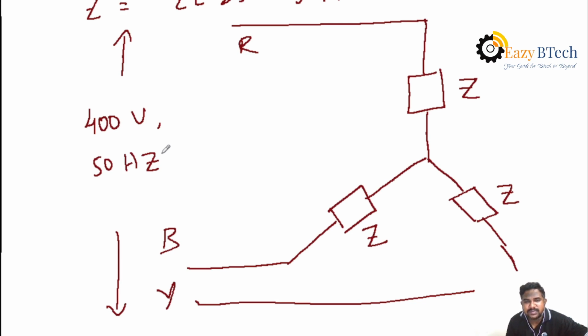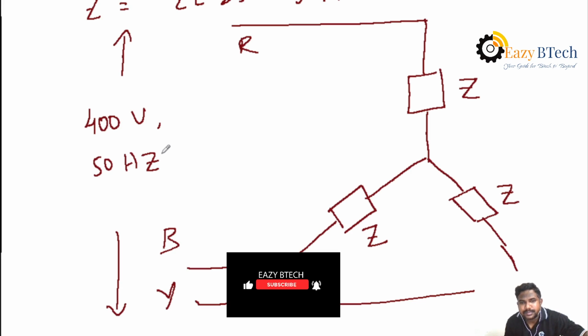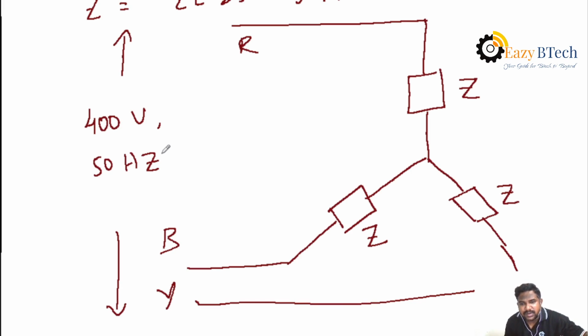Then after finding the cos phi power factor value, by using total power, we find the current passing through the three phase circuit, IL. Then from that, we find the impedance value, then the resistance value and inductance value L. So these are two very important models, very important in GATE examinations also.